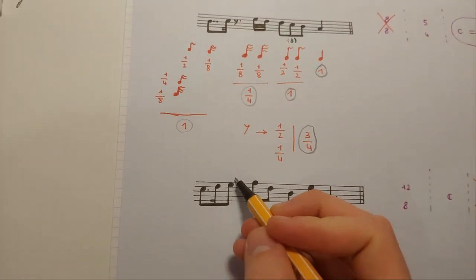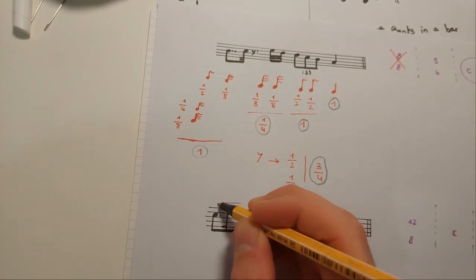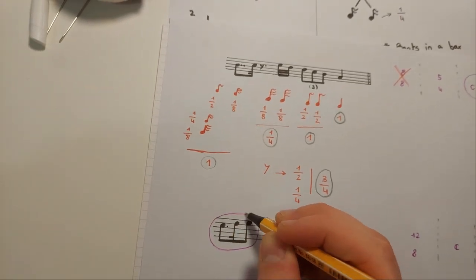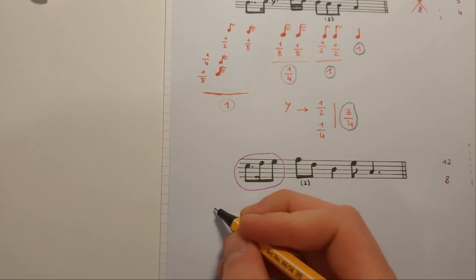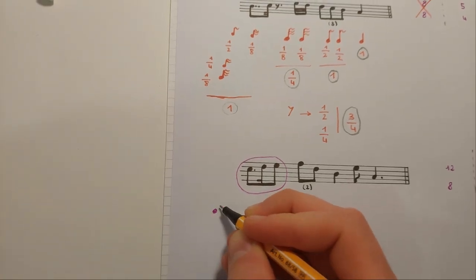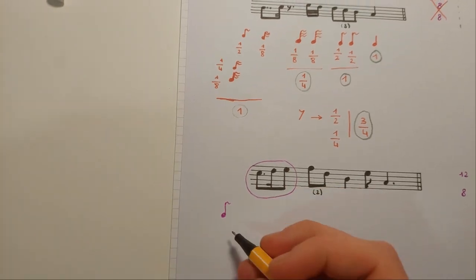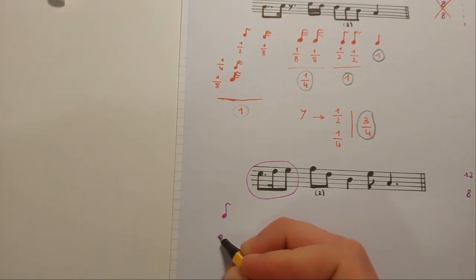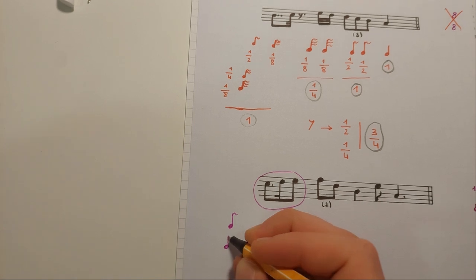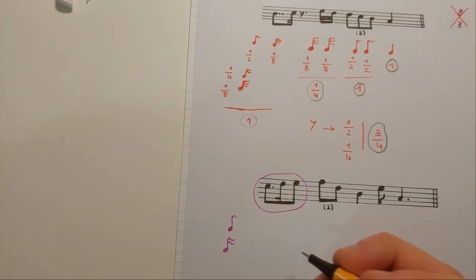So let's start with this whole sign there. So on this sign there's 1 quaver. This part there's 1 dot, so it's a semiquaver, like this.